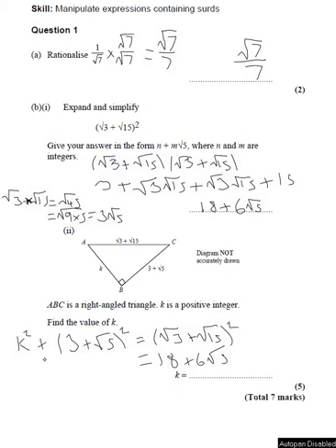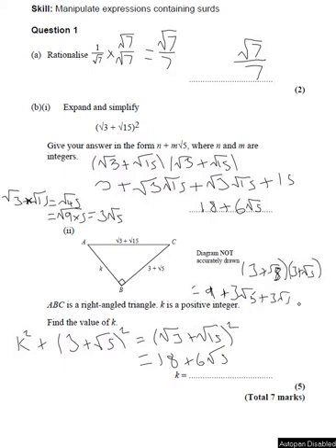So if I square 3 plus root 5, so that's 3 plus root 5 times 3 plus root 5, I'm going to do this over here just to save space. So 3 times 3, I'm going to get 9. 3 times root 5 is 3 root 5, plus root 5 times 3, so that is another 3 root 5.